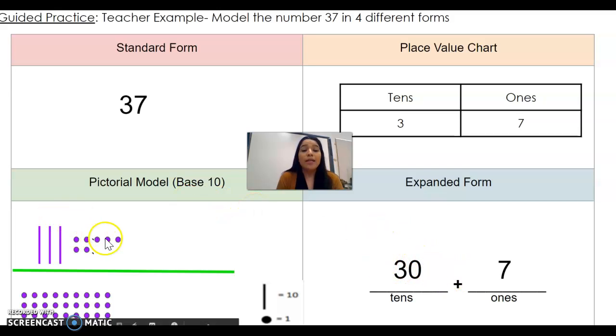And then how many ones do we have? We have 7. That is our value, since ones block equals 1. So plus 7. So our value of our tens block is 30. And then we have 7 ones. So it's 30 plus 7. So that is our expanded form of 37.